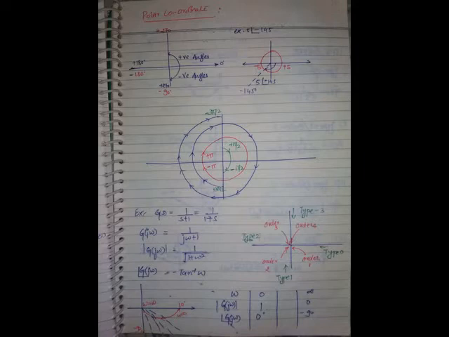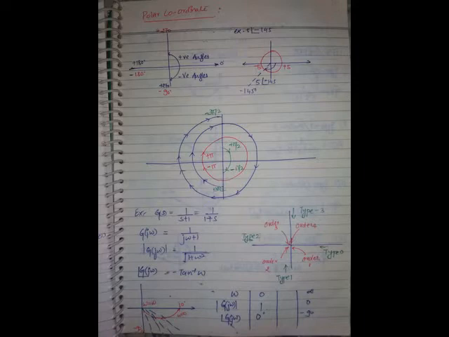So if you look at the angles, you have to go from 0 to minus 90. 0 to minus 90, which quadrant? You are starting in the fourth, ending in the fourth only. You understand?